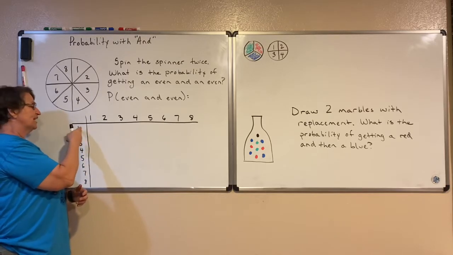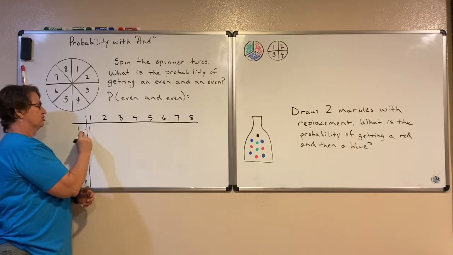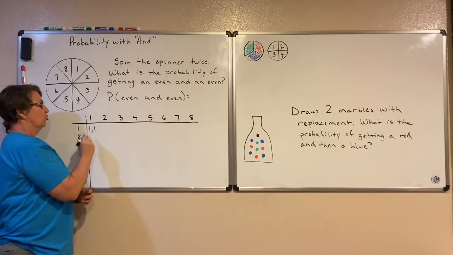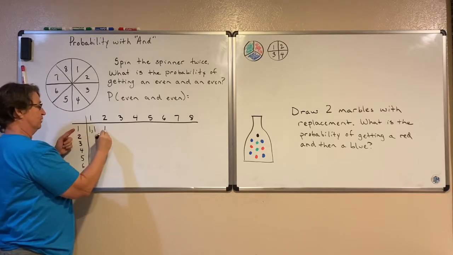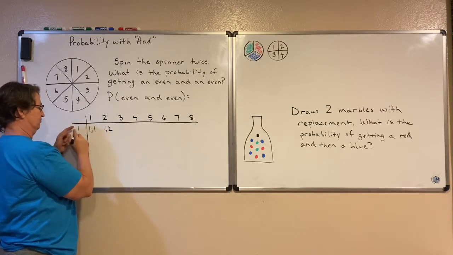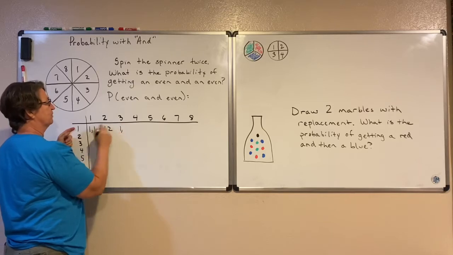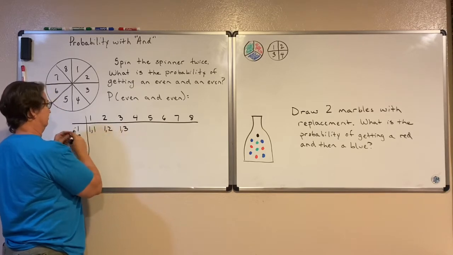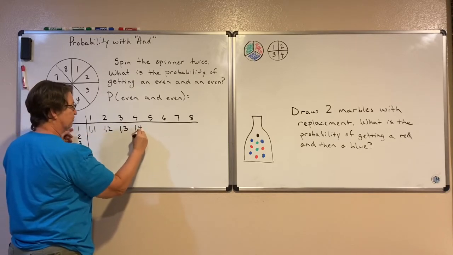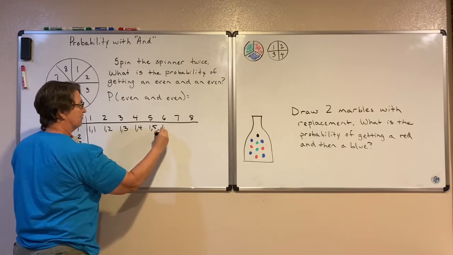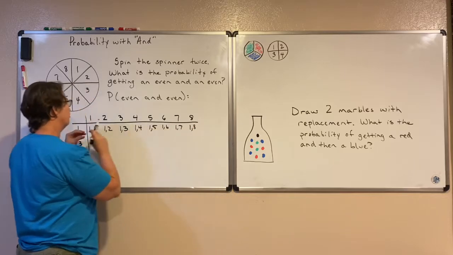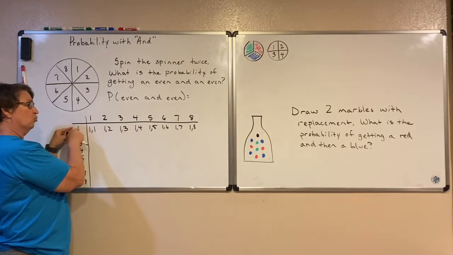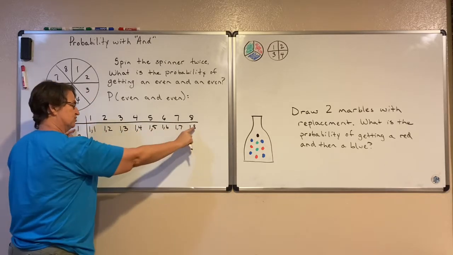So if I spin a 1 on the first spinner, I could spin a 1 on the second spinner. I could spin a 1 on the first spinner and a 2 on the second spinner. A 1 on the first spinner and a 3 on the second spinner. And I just continue to fill this in until I get all my different possibilities. So there's all the possibilities with spinning a 1 on the first spinner.